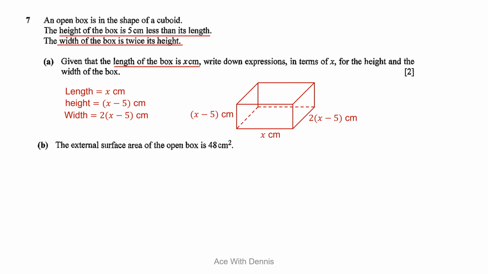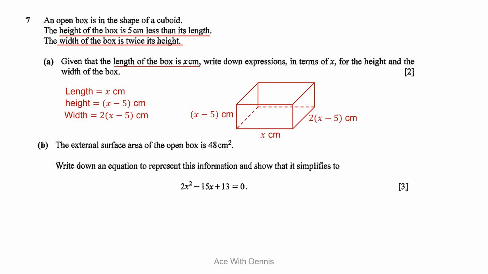The external surface area of the box is 48 centimeters squared. Write down an equation to represent this information and show that it simplifies to 2x squared minus 15x plus 13 equals 0. 3 marks. Given that the surface area is 48 centimeters squared, so 48 equals, let's see how we can get the equation for the surface area.